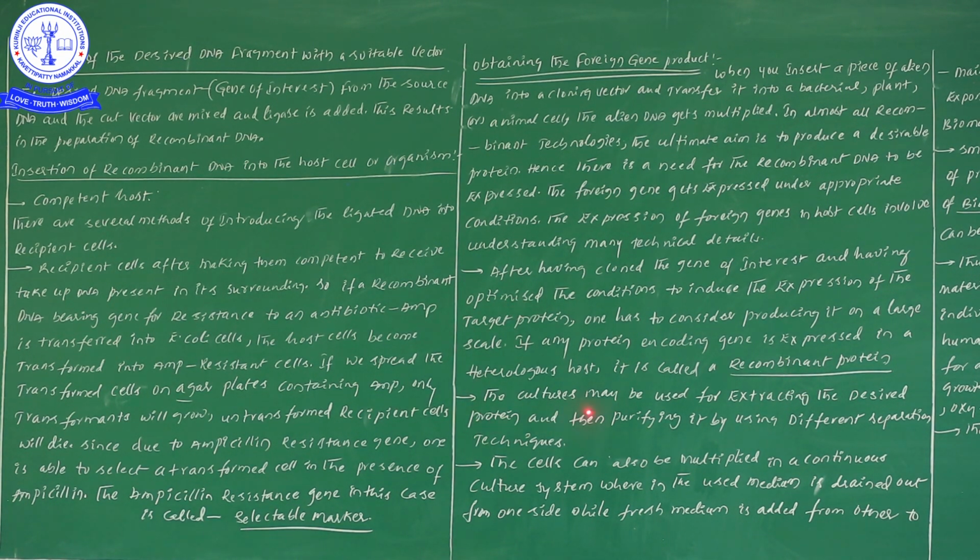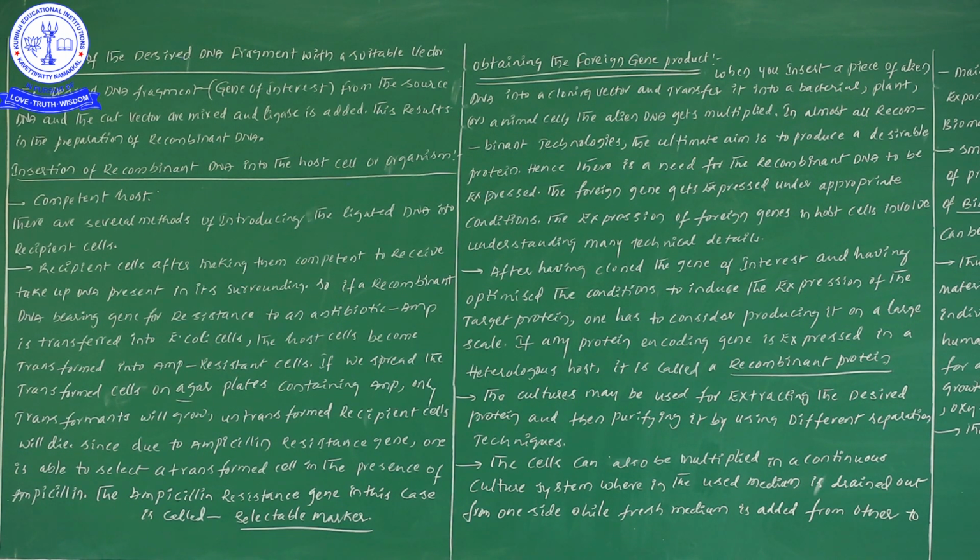Next one, the culture. The culture may be used for the extraction of the desirable protein and then purifying it by using different separating techniques. There are different types of cultures, and we can use different methods or types of cultures for getting the desirable protein.